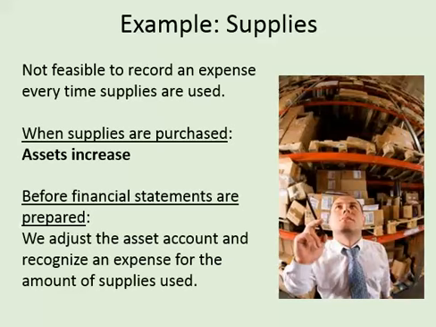So instead, what we do is we increase the asset account supplies when supplies are purchased. And then right before financial statements are prepared, we adjust the asset account supplies to recognize an expense for the amount of supplies used.